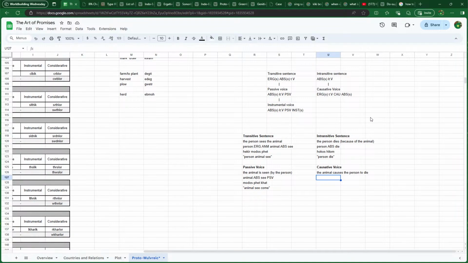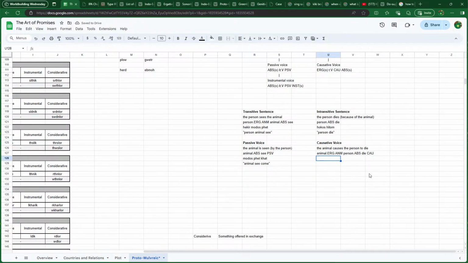So, this is animal, animate. Ergative comes first. Animal, ergative, animate, person, absolutive. This is die, and then this is cause.